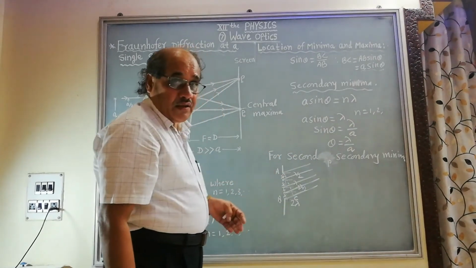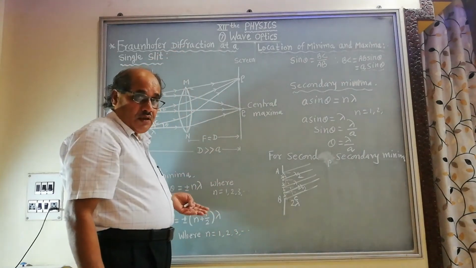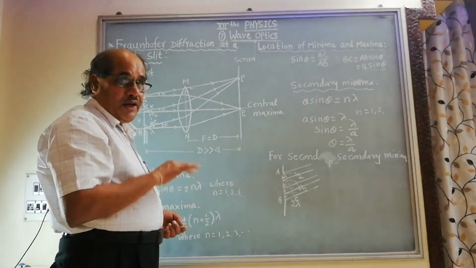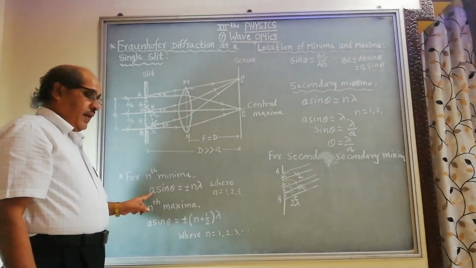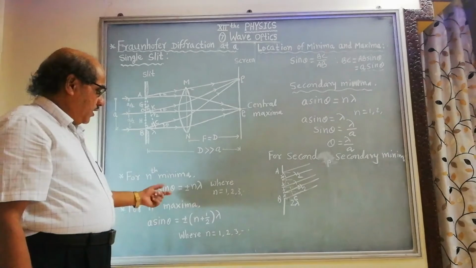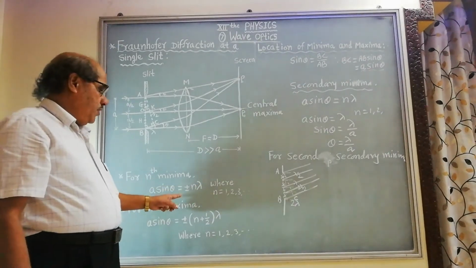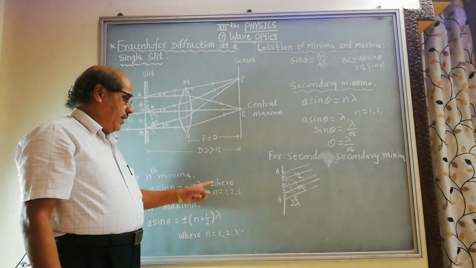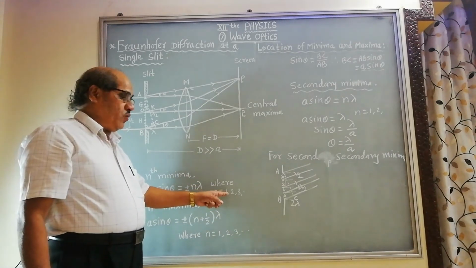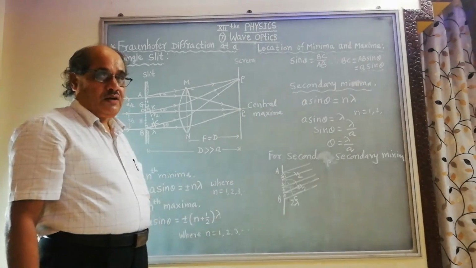In this way we can generalize this. For nth minima, what is the condition? A sin theta, that is the path difference, is equal to plus or minus n lambda, where n is equal to 1, 2, 3 and so on.